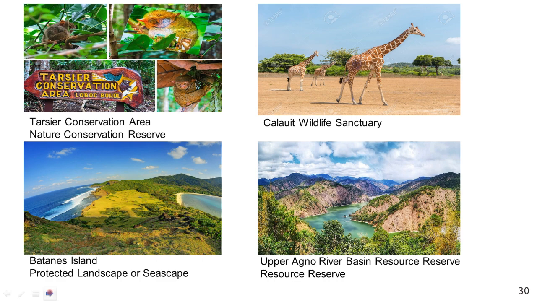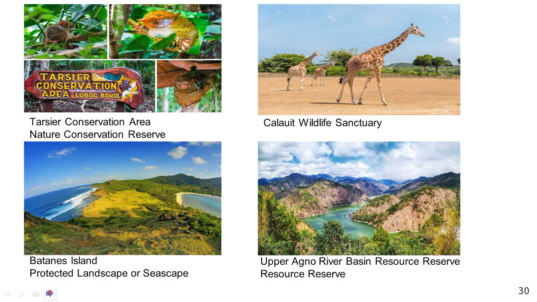So Wildlife Sanctuary is, ayan, example natin is from Calauit Wildlife Sanctuary located in Busuanga, Palawan. So it is a game reserve featuring large African mammals, giraffes, zebras, okay, mga horses. So lahat sila is nandun sa Calauit Wildlife Sanctuary.